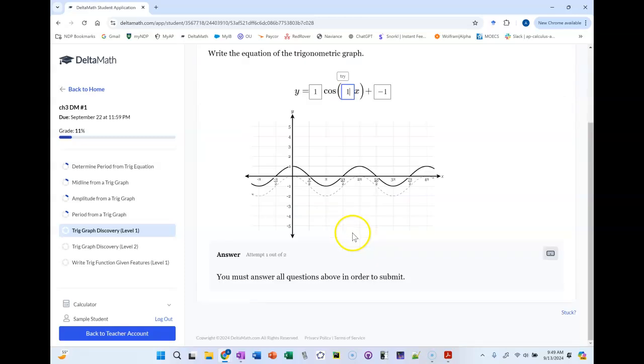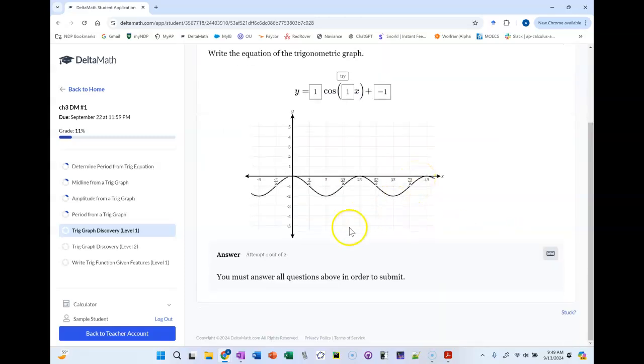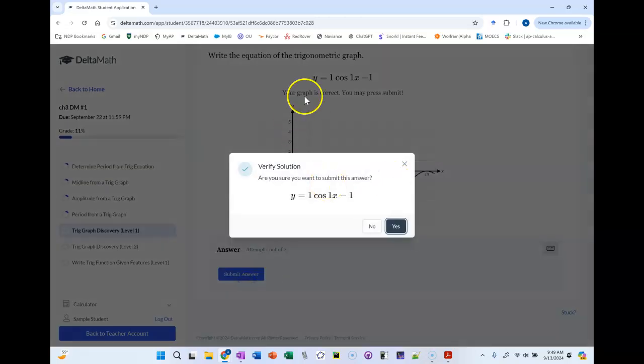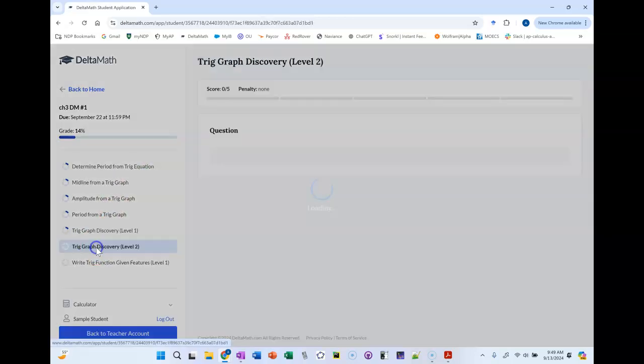It doesn't matter. I hit try, and it said that was correct. I think when you hit try, it plots what you did, so you can see if it is where it's supposed to be. But that did it.